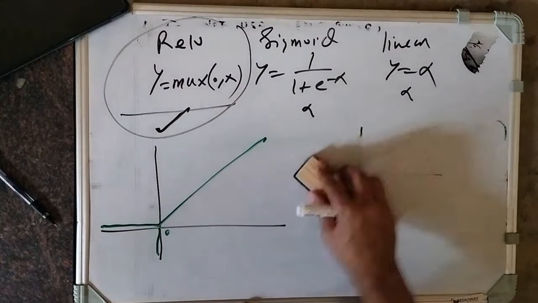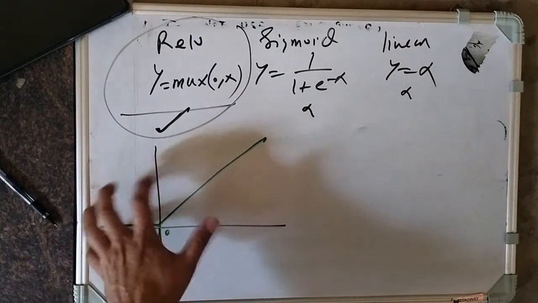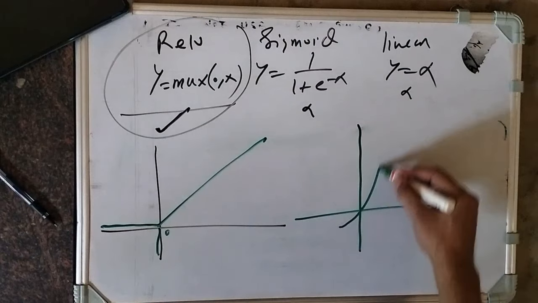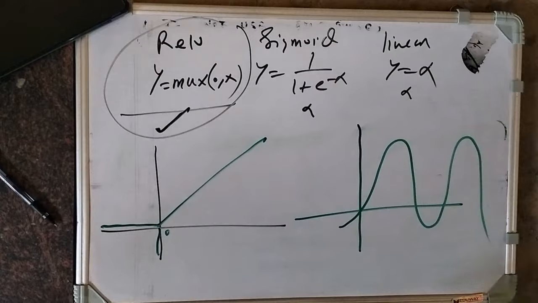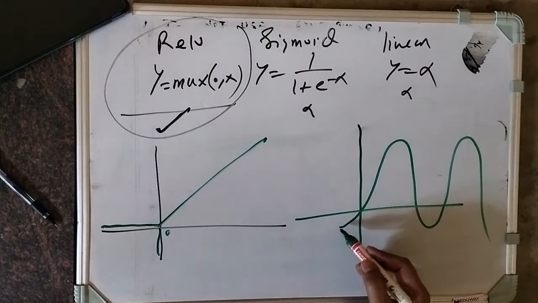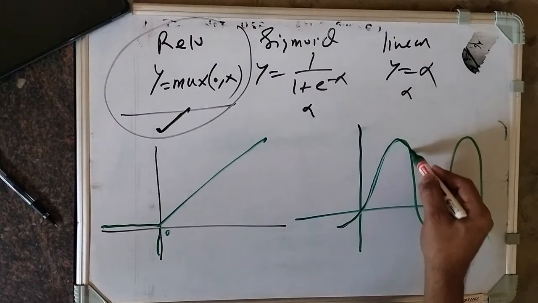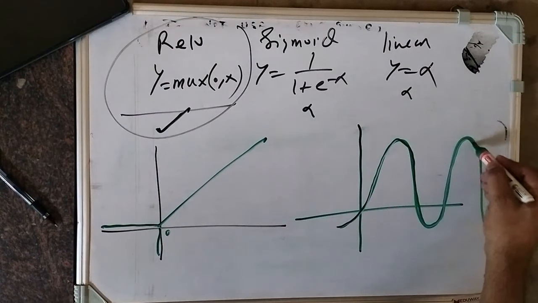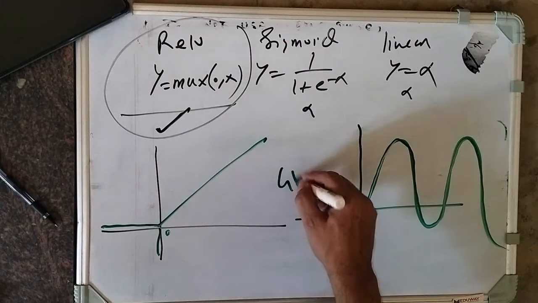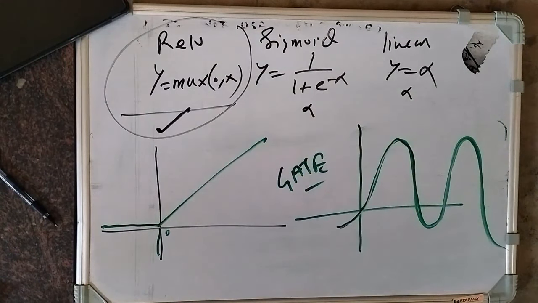So if you are using this ReLU multiple times, infinite times, then it can also cover such types of graphs, because bending is there. It can cover such non-linearity. So this is the reason we are using ReLU as our activation function. You have to remember this. This also came in the GATE exam. So this is very important.